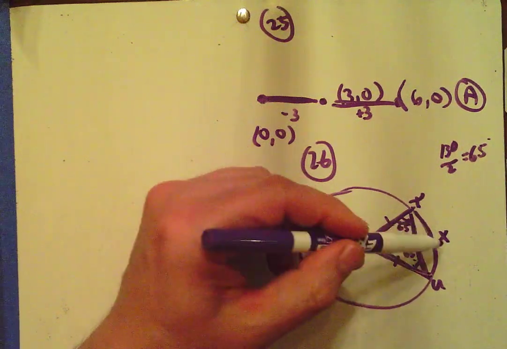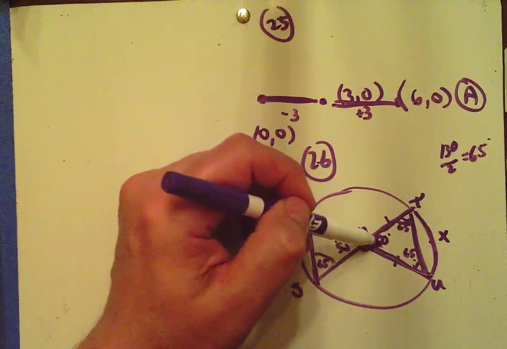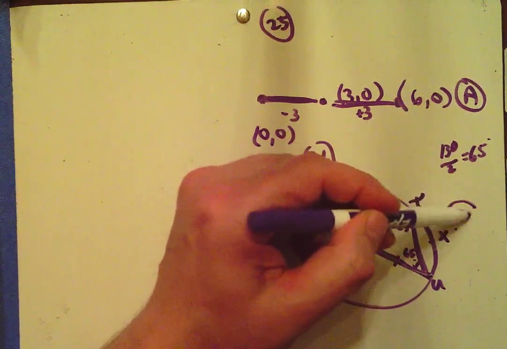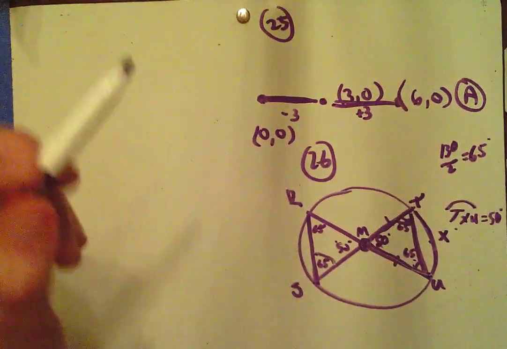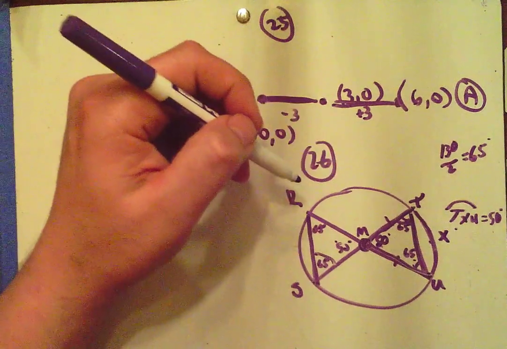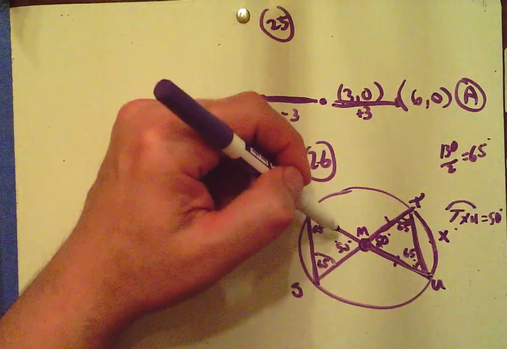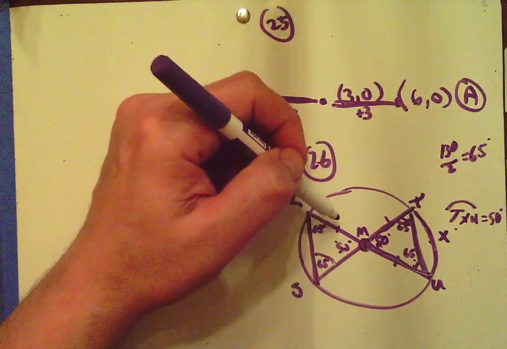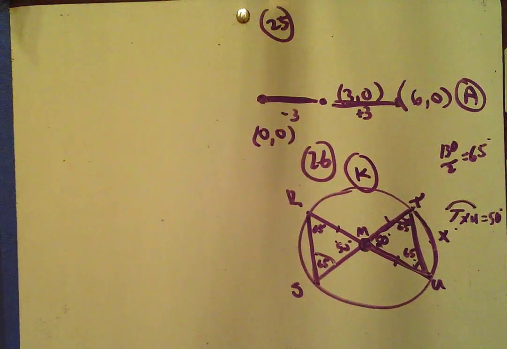The angle and the arc have the same measurement in degrees, so a 50 degree central angle means that arc TXU would also be 50 degrees. So it's not that one. RM and TM are both radii, so they have to be congruent. So we're left with choice K. Choice K is the one that is not always true.